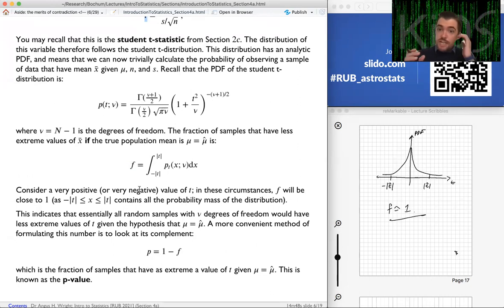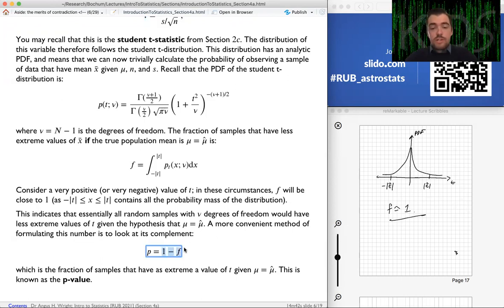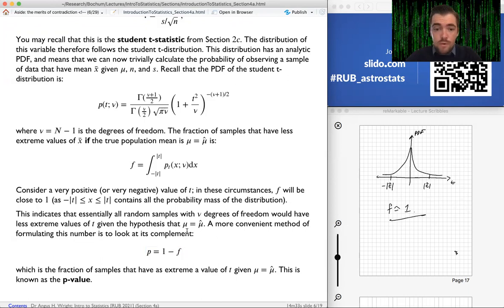And so it's convenient to formulate this number in terms of that 1 minus f, which is what we call the p-value. I am sure that the overwhelming majority of you have heard of this term p-value before.